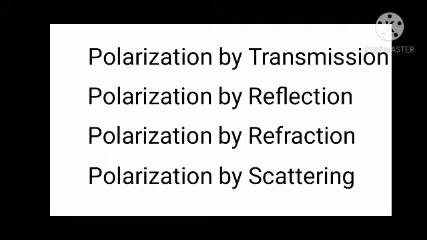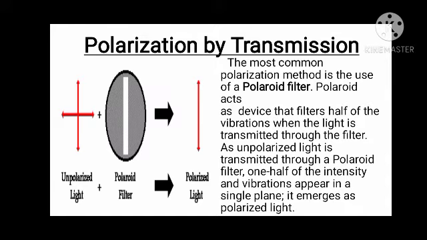So first, we have the polarization by transmission, and the Polaroid filter is the most popular method of polarization by transmission because Polaroid filters are made of special materials capable of blocking one of two planes of electromagnetic wave vibration.